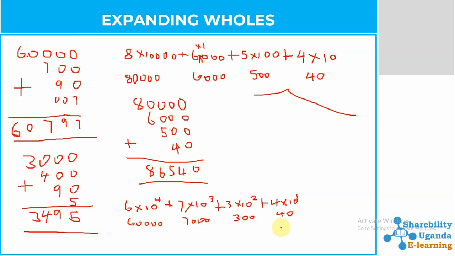So now here we can write our answer, when we add this and arrange them in this form: this is going to be our 40, then this is going to be our 3, then this is going to be our 7, that is going to be our 6. So in simple terms, we shall have solved these numbers.